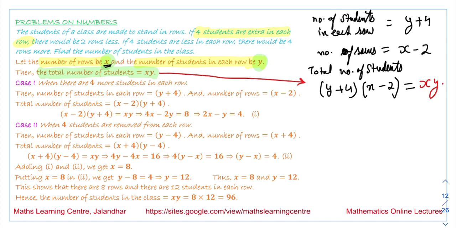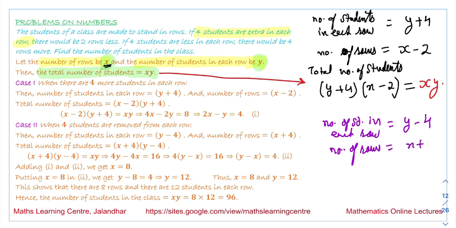Second, if 4 students are less in each row, which is the second case, there would be 4 more rows. The number of rows will be x plus 4.